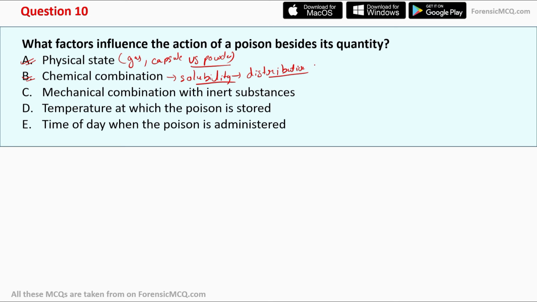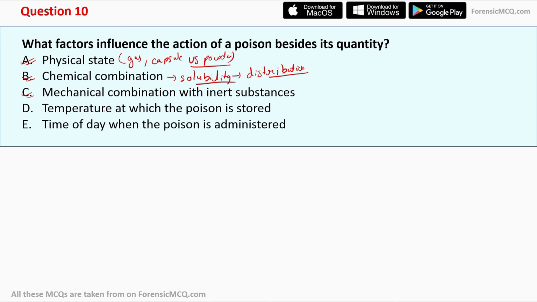For example, snake venoms are proteins and they usually disrupt the normal function of our body. Now let's move to option C, mechanical combination with inert substance. This is also correct because mechanical combination can dilute the poison concentration and alter its toxicity. So option C is also correct.